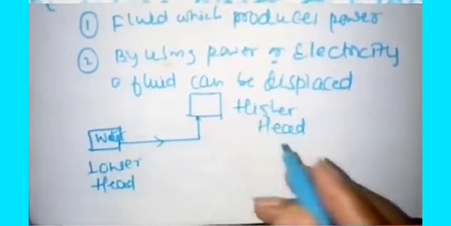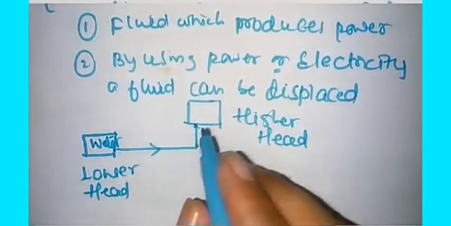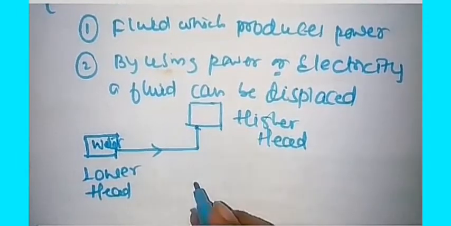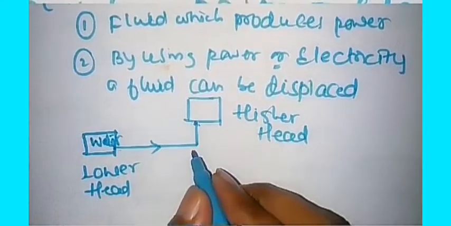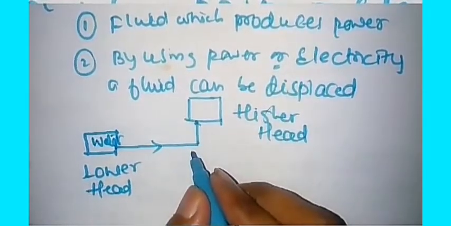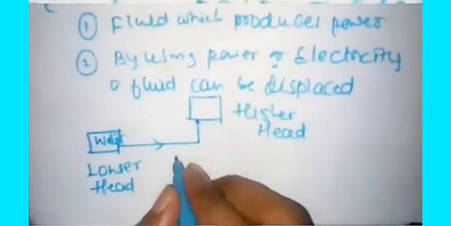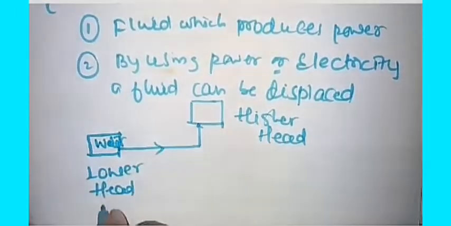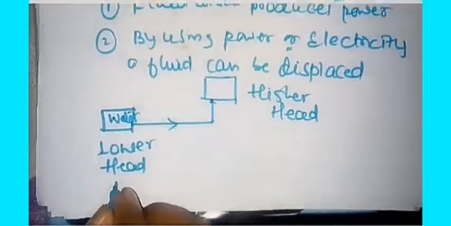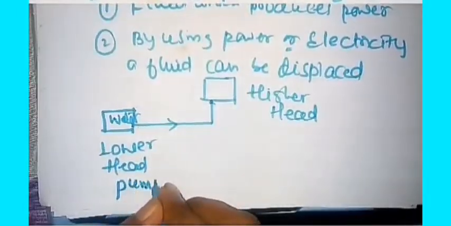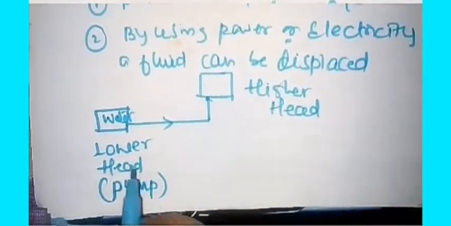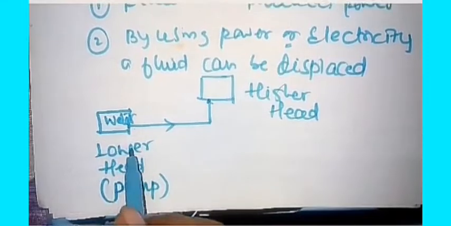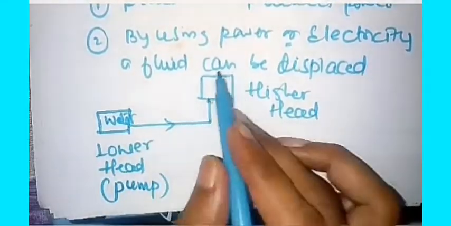How is this possible? It is possible with the help of a device or equipment called a pump. So by using the pump, we can supply water from a lower head to a higher head.